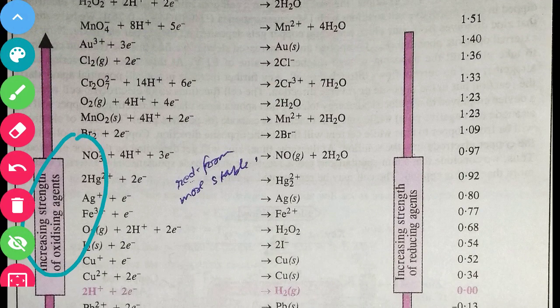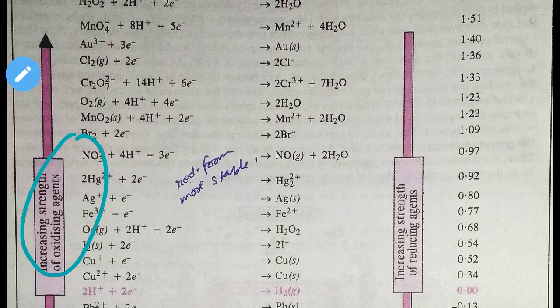As we go high up, the oxidizing character goes on increasing and the reducing character goes on decreasing. Similarly, if we go down, the reducing character is increasing and the oxidizing character is decreasing. It is vice versa, because we are talking about the redox reaction.